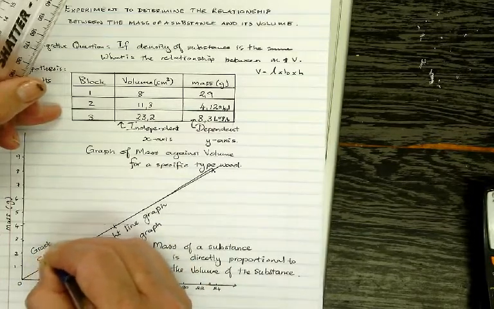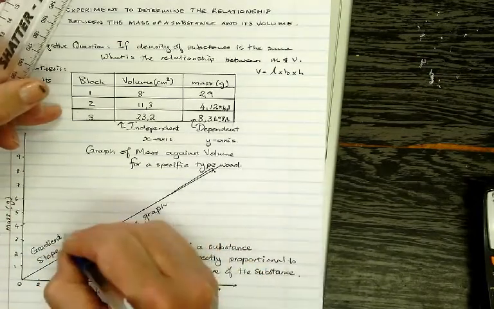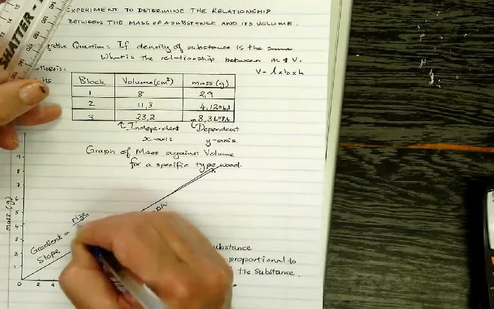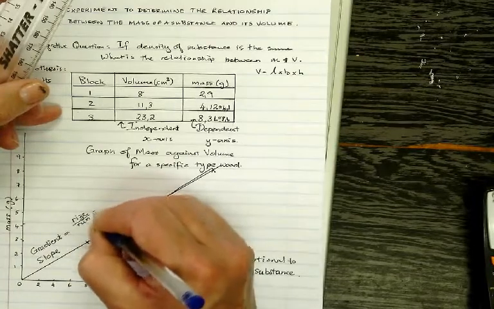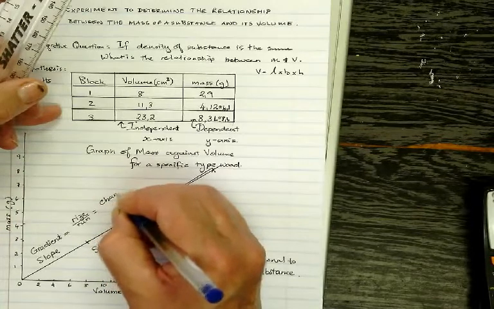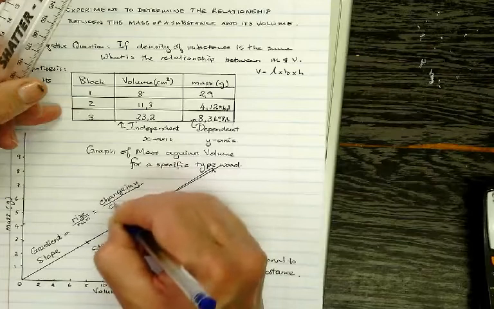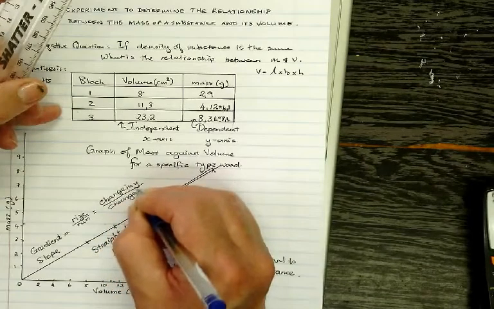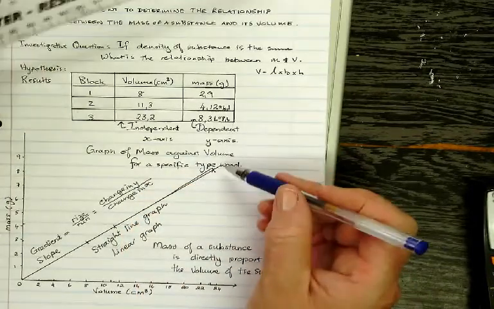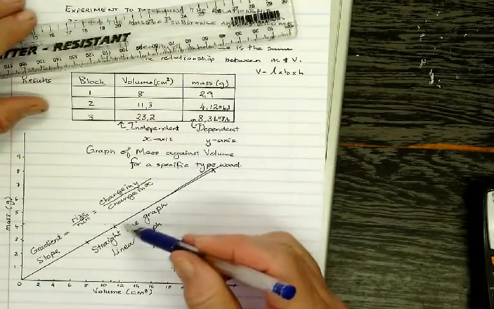Now, to calculate gradient, you would say rise over run, which is the change in the y-axis over the change in the x-axis.